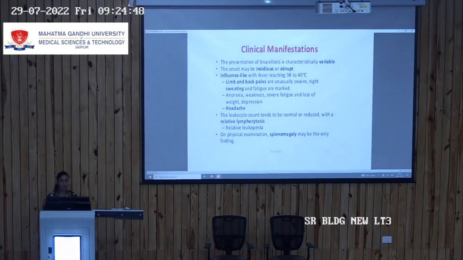Now about the blood picture, there is relative lymphocytosis, that is lymphocytes will be increased, and relative leukopenia. Leukopenia is leukocytes, they are decreased. On physical examination, there is enlargement of spleen.